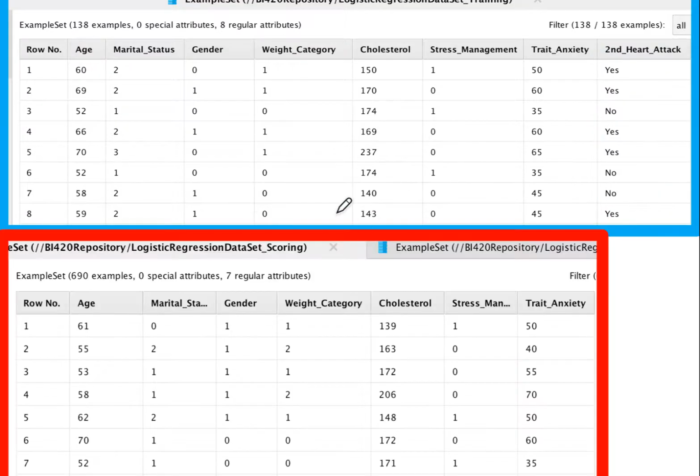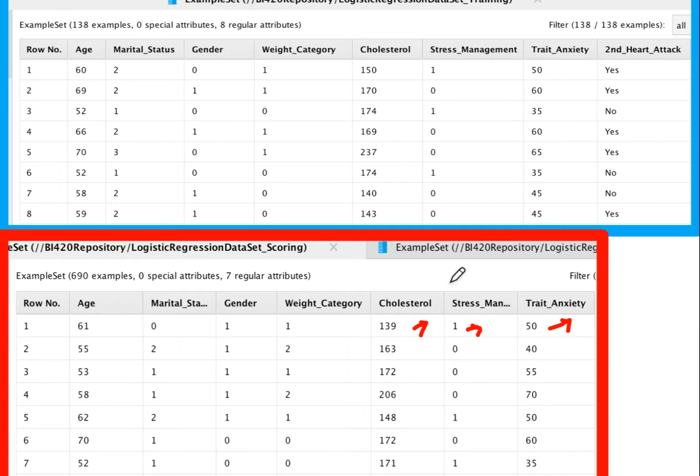Okay, and what else? Cholesterol level 139, and then the stress management course. Yes, he took the stress management course, and this is the number of trait anxieties. If it's higher, that means worse, and we don't know the meaning between 50 and 100, but all we know is that the higher the worse.